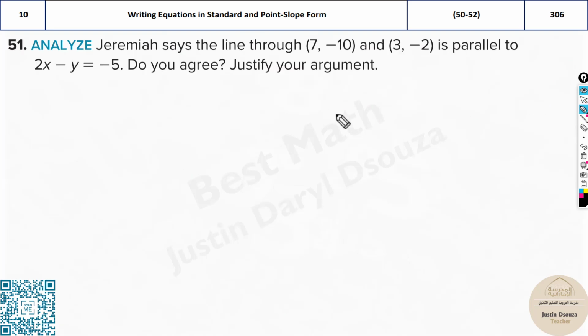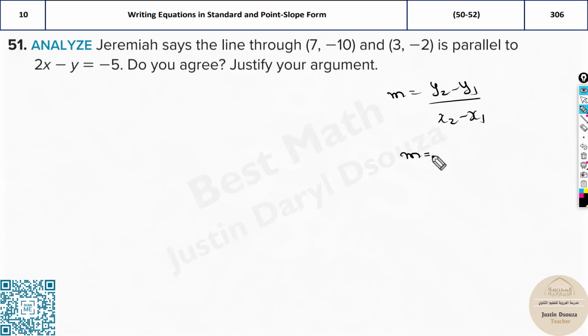Again, a similar problem. Jeremiah says that the line through (7, -10) and (3, -2) is parallel to this particular line. Do you agree? Let's find the slope again. m equals y2 minus y1 by x2 minus x1.